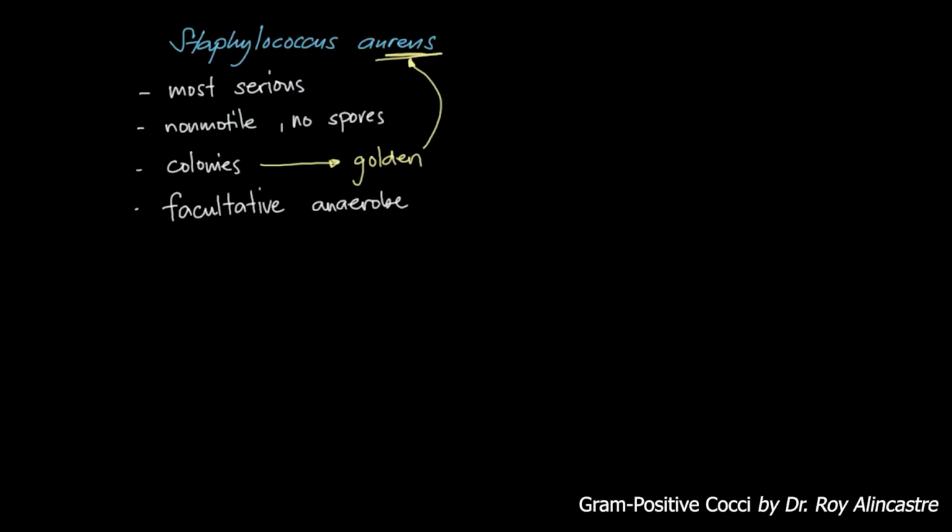Okay, so let's discuss the important properties of the bacteria. First, the cell wall. The cell wall of Staph aureus consists of a typical gram-positive peptidoglycan. Remember the thick interlinked polysaccharides, the NAM and NAG with the tetrapeptide interbridges.